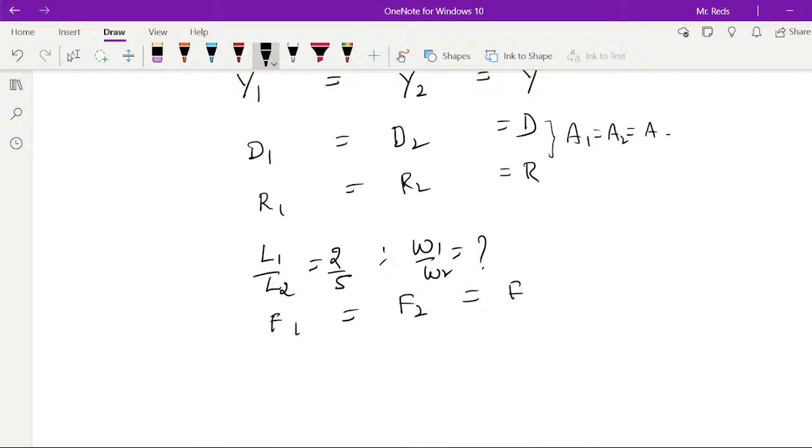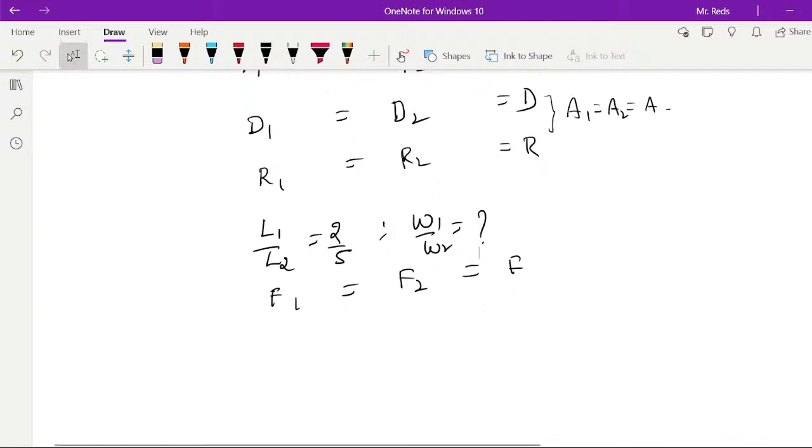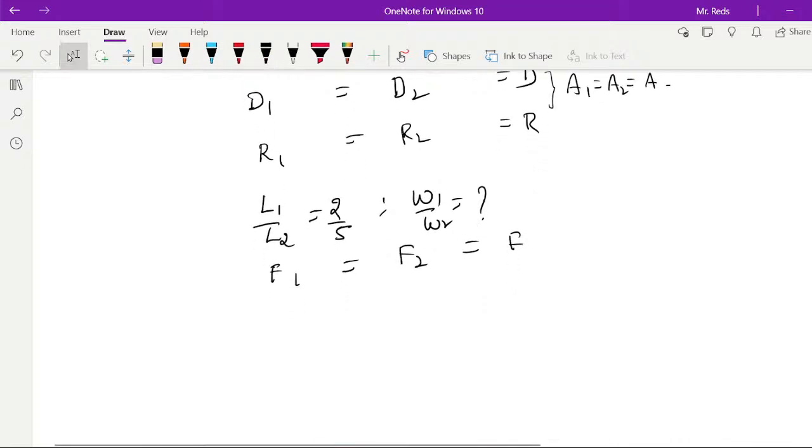Which relation do you have to use? You know that work done is nothing but the elastic potential energy.